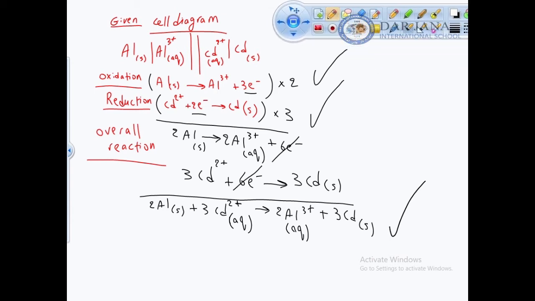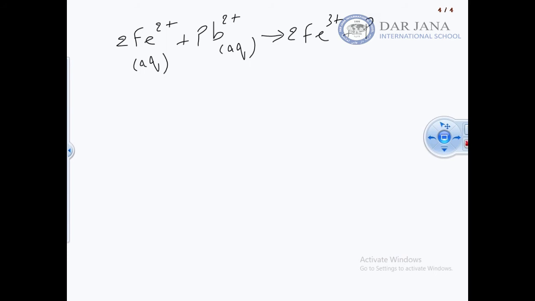Let's take now another example. If we have this overall reaction, the question is, write a cell diagram for this from this overall reaction.